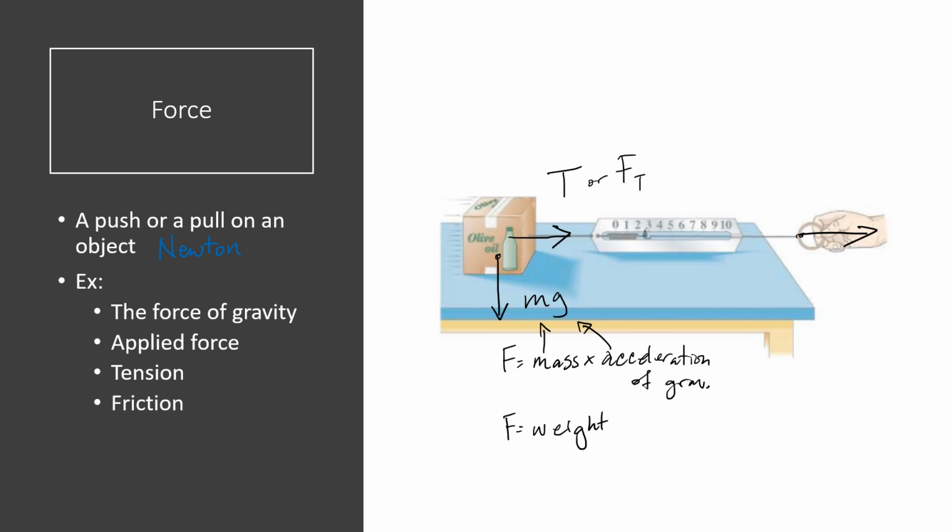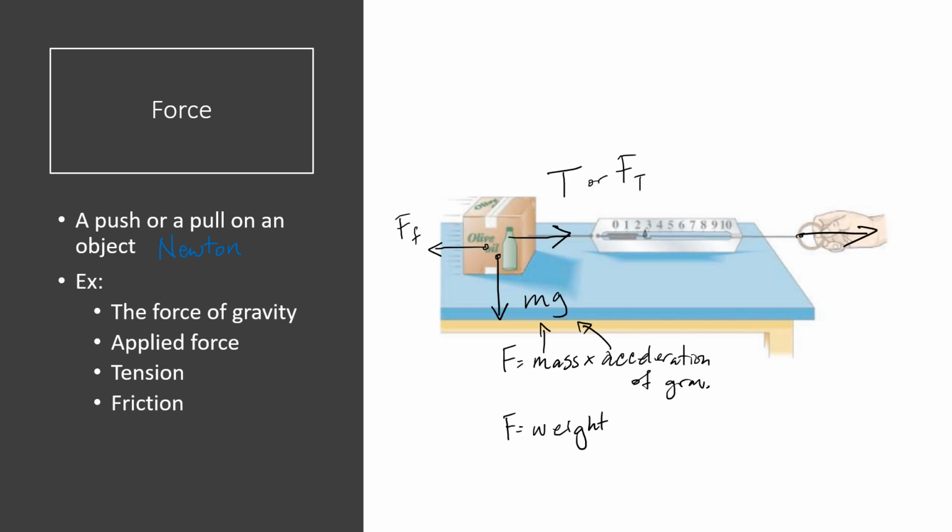And then finally, as tension pulls it one way, the desk is going to oppose that motion. And it's going to oppose that motion with another force called friction. Oftentimes, it's going to be F of F, as in the force of friction. And we'll dig into the math of those in later lessons.